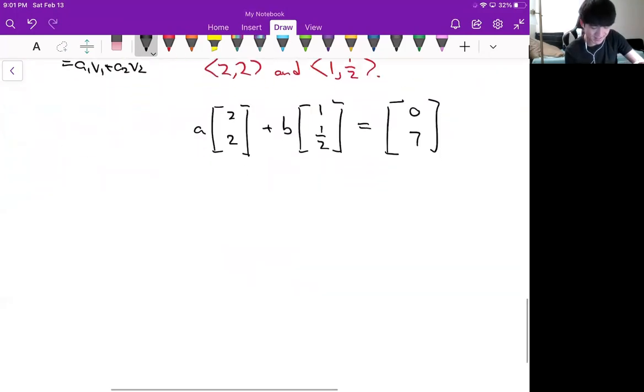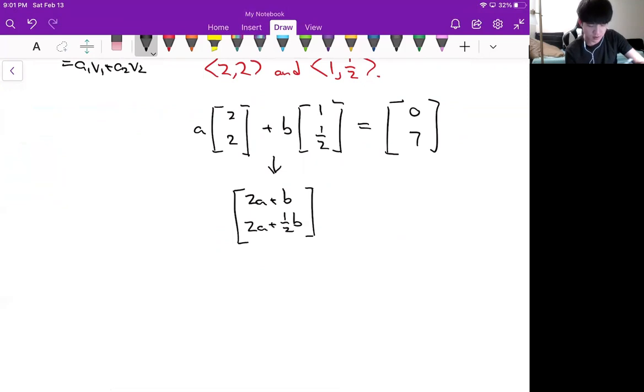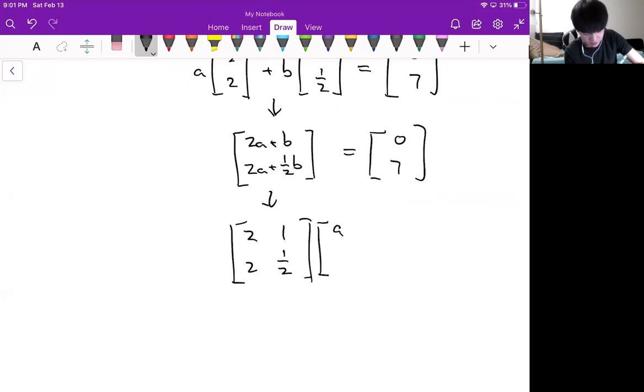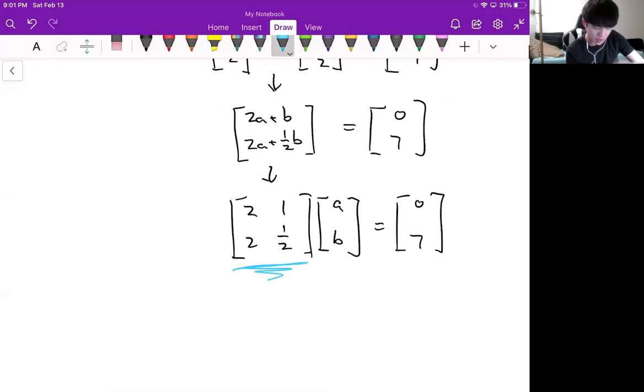So this is the same as combining them: 2a plus b and 2a plus 1/2 b is supposed to equal (0, 7). Well, that's the same as saying the matrix [[2, 1], [2, 1/2]] times the vector (a, b) is equal to (0, 7), right? Now, what do we know about this matrix right here?